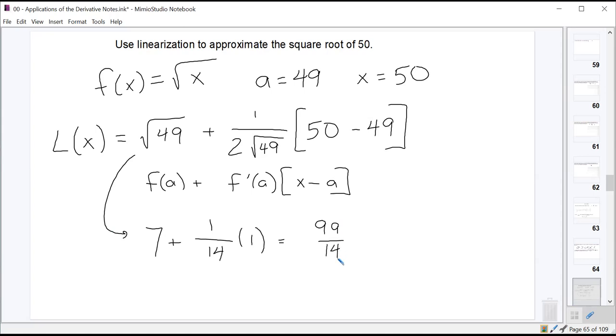So it's a really good approximation for the square root of 50. And so what we're going to do now is take a look on our calculator and see if that actually makes sense. And it should.